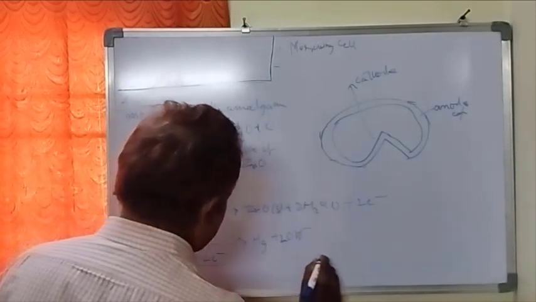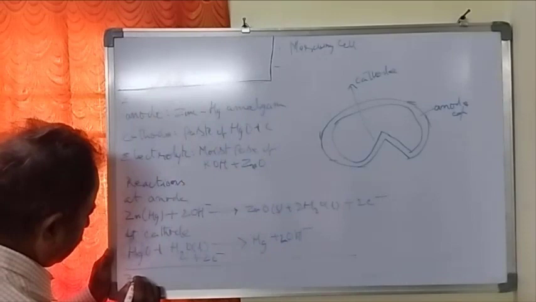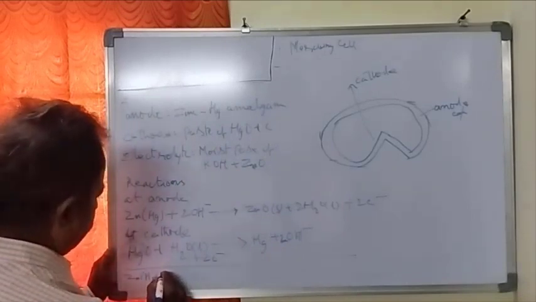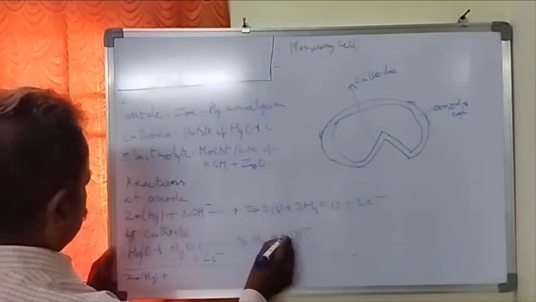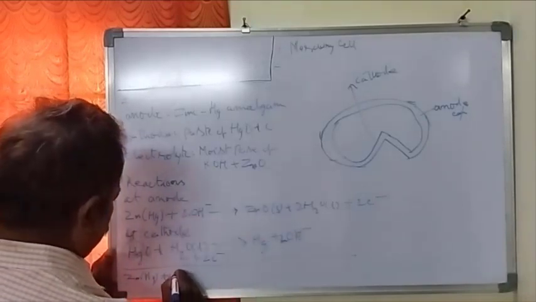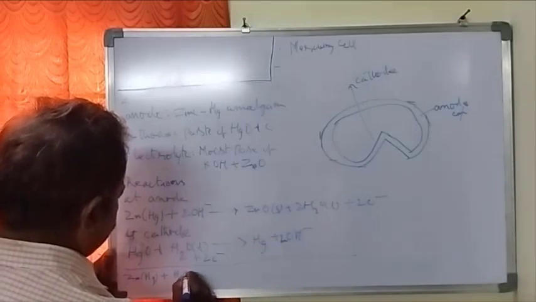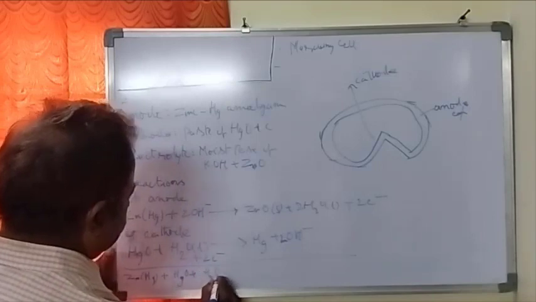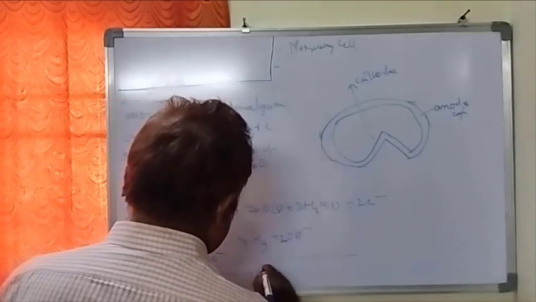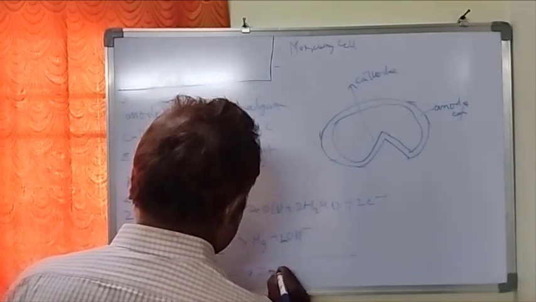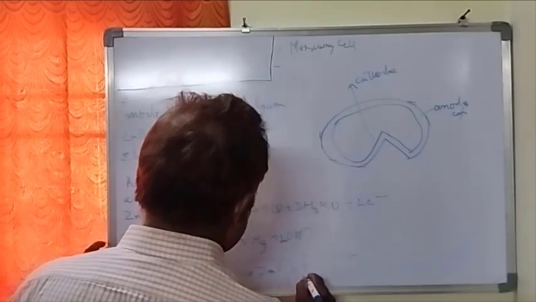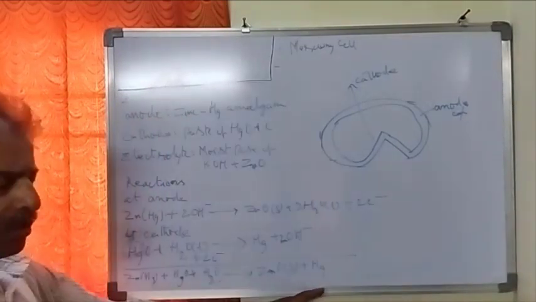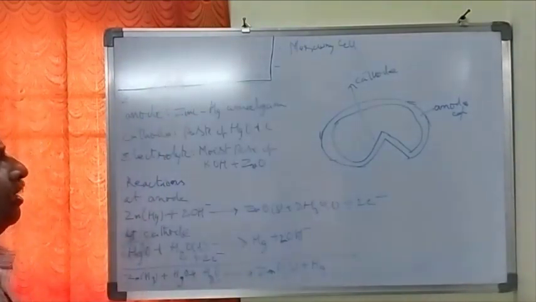Now the overall reaction is zinc plus HgO plus water, the 2OH- get cancelled, gives solid zinc oxide plus Hg. So this is the overall reaction in a mercury cell.